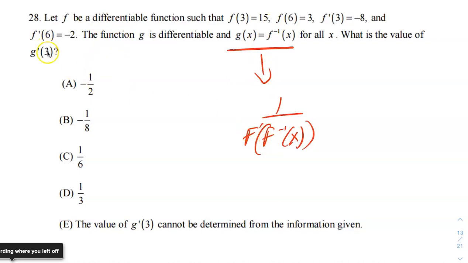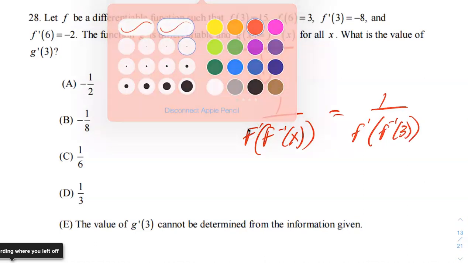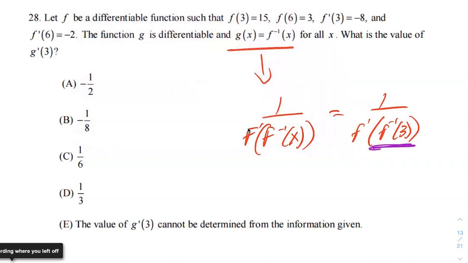So let's plug in 3. Because I'm taking a derivative, take a derivative of this, take a derivative of that, you get this. So plug in 3. So we have 1 over f prime of f inverse of 3. So first step, we got to figure out what that is. What's f inverse of 3? So remember, that's when the y equals 3, because we're doing the inverse. So that's our y, normally it's an x.